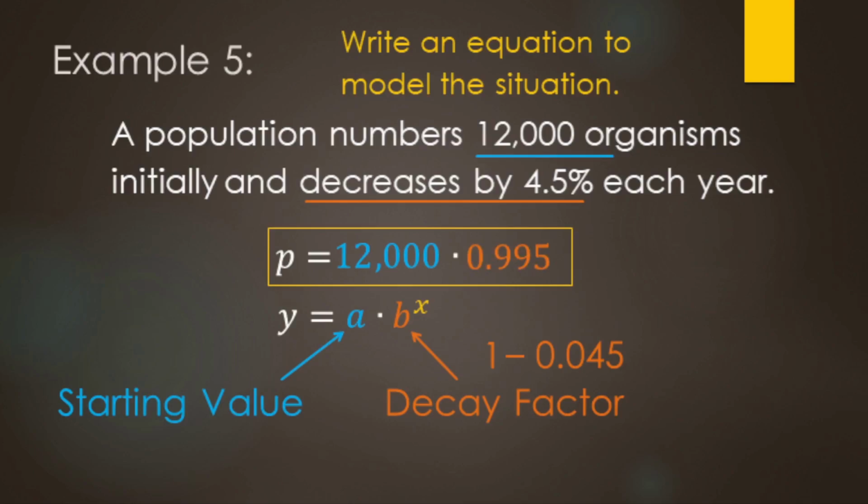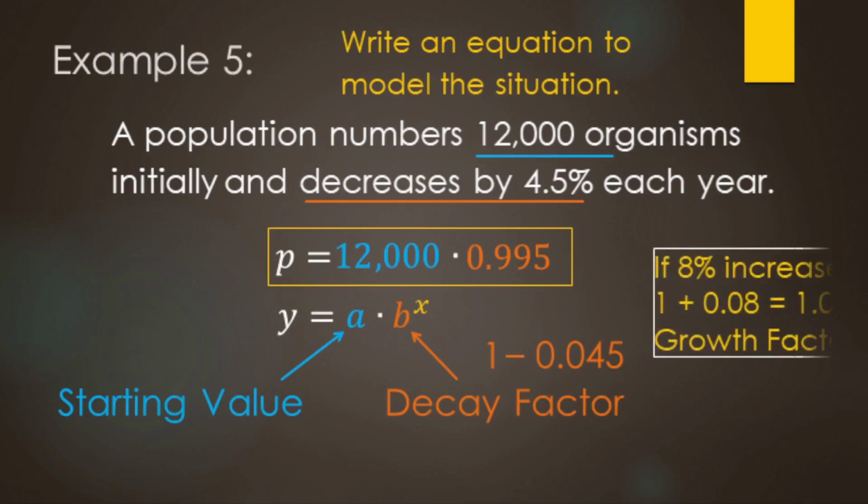So the next year there's going to be 0.955 remaining, okay? So that's the concept that we want, is how much is next year. Next year it's going to go down 4.5%, so that means we're going to have 0.955 left, okay? Now, if it's an increase, you would just add that to 1, right? So like an 8% increase would be 1 plus 0.08, so our growth factor would be there because we're adding to the 1, where if it's decay, we're going to subtract our percent off, okay?